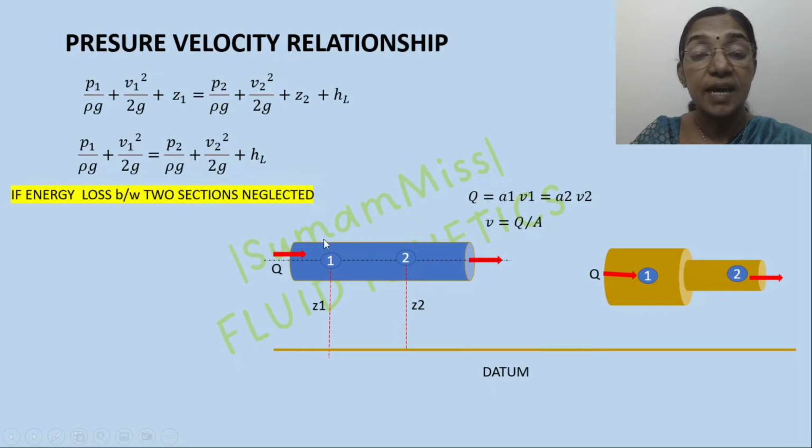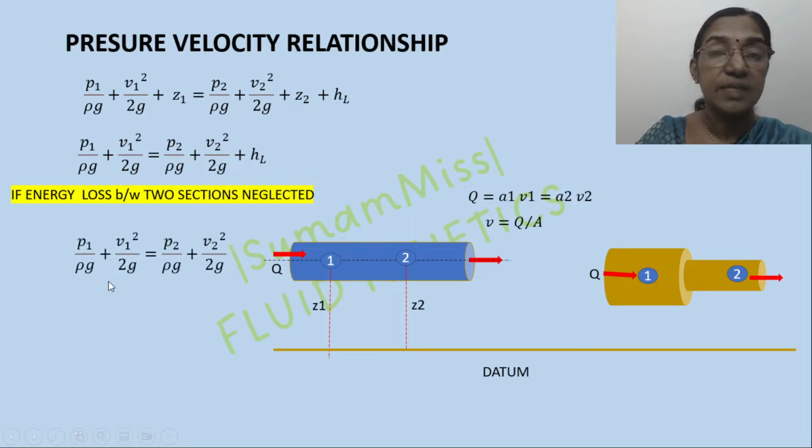If we neglect the energy loss between the two sections, then this expression turns into P1 by rho g plus V1 square by 2g equals P2 by rho g plus V2 square by 2g. Based on this equation, any change in the cross section will change the velocity, and the corresponding change we can observe in the pressure to balance this equation.